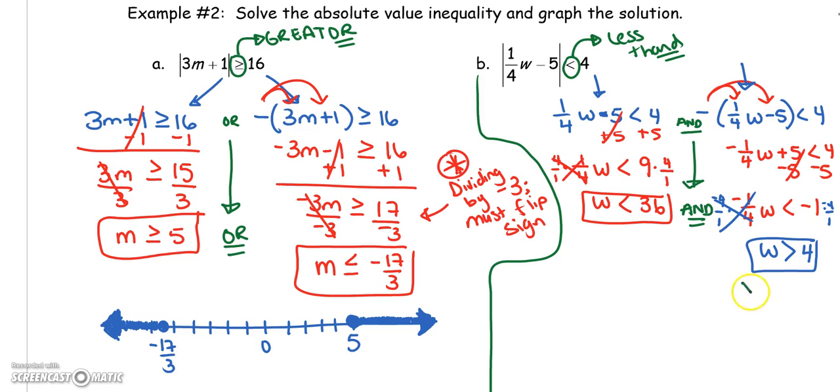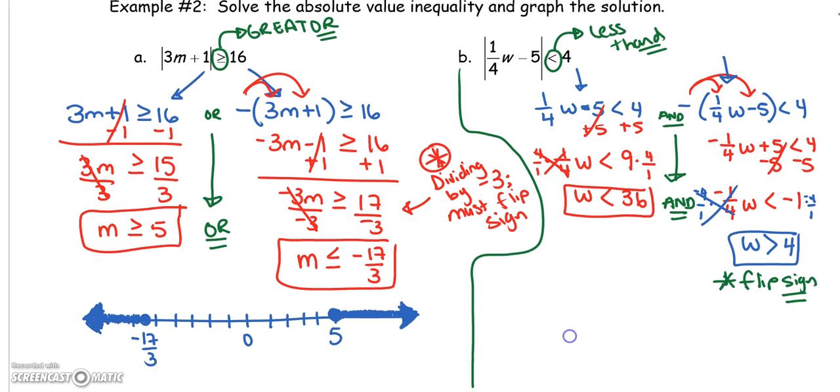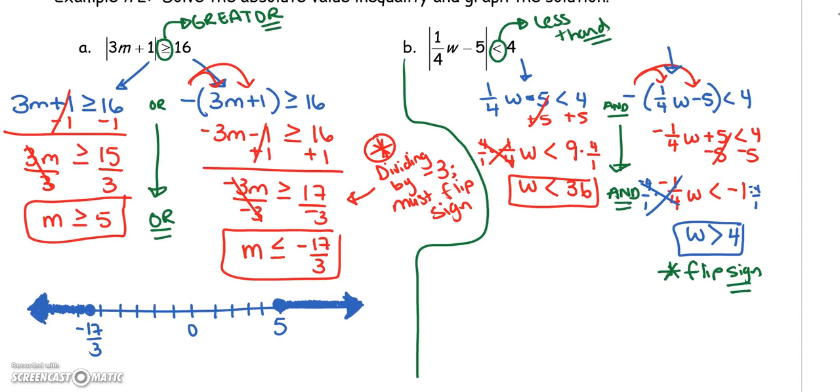So I'm going to go ahead and just write flip sign because we once again multiply by a negative number. So it seems like when we divide and multiply, the rule applies. So right here I'm going to say multiply by negative 4, flip sign. So I like to write these little notes to myself so I know that that's what just happened.